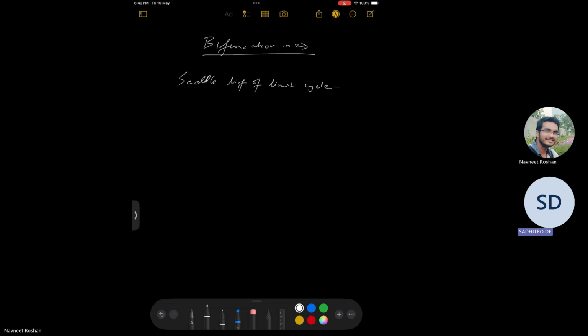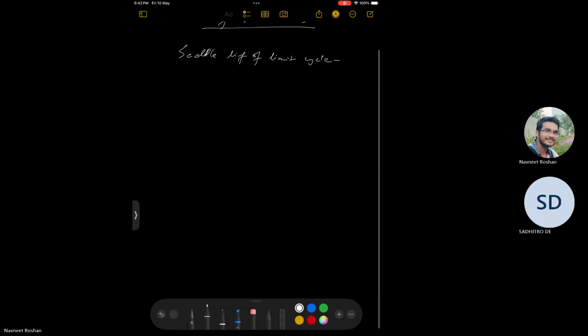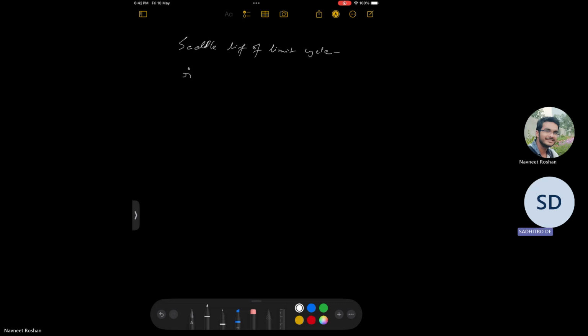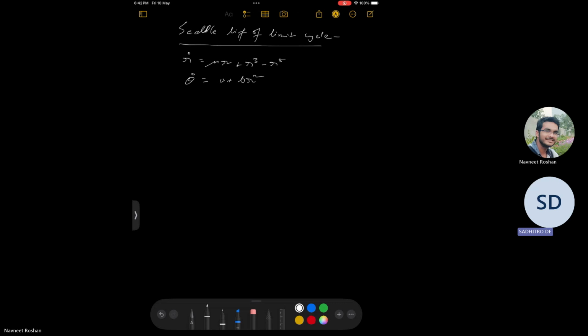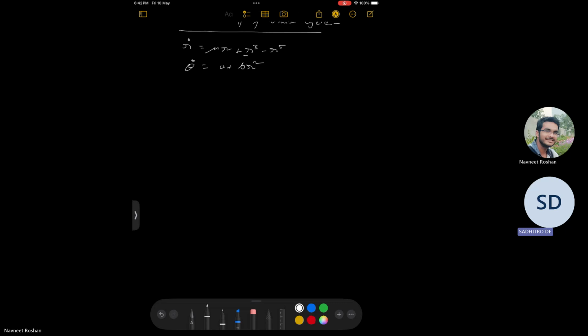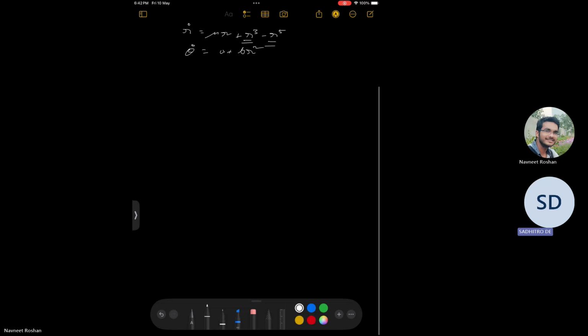A prototypical example for such a system is basically like this. Here also we use plane polar coordinates: r dot equals mu r plus r cubed minus r to the power 5, and theta dot equals omega plus b r squared. You recall that this was an example which we had done in the previous class, where this is the destabilizing term and this is the stabilizing term, and mu is a parameter which is varied.